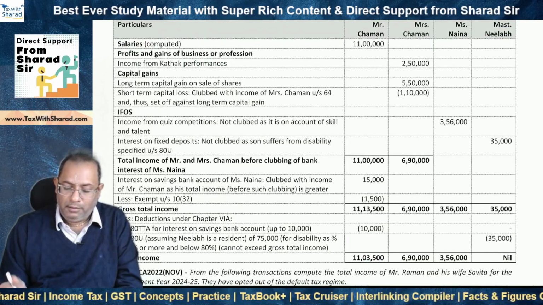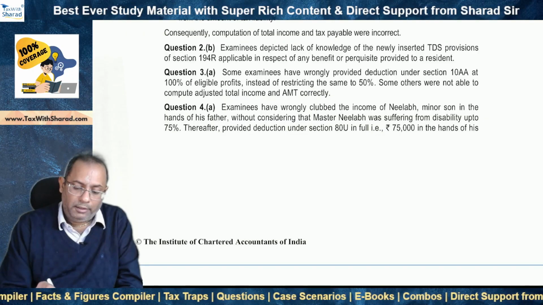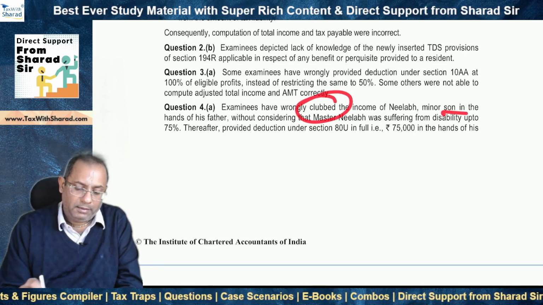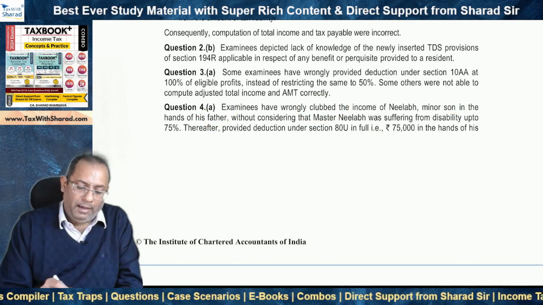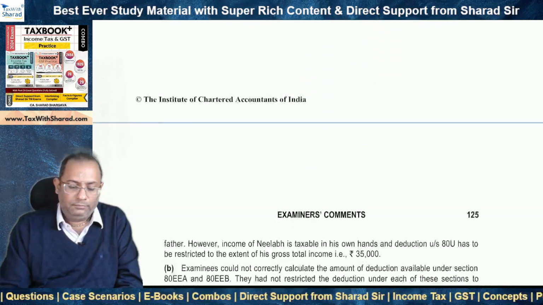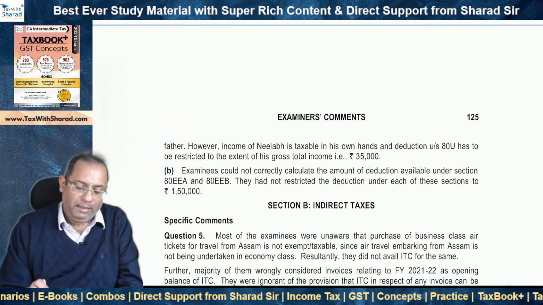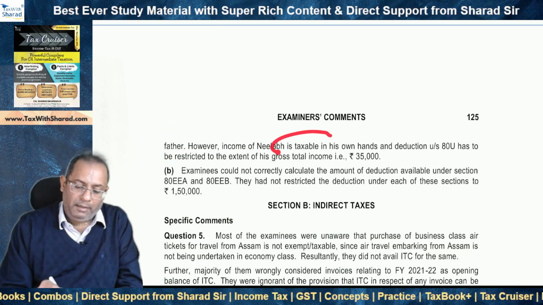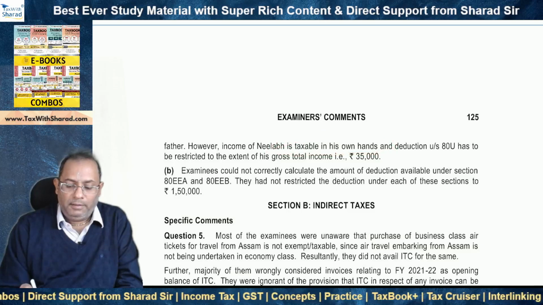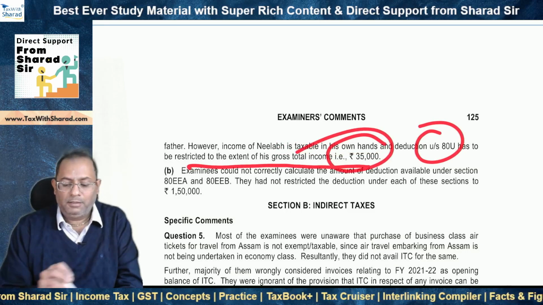Total income of Mr. Chaman and total income of Master Neelab, this was also wrong. The mistake they made was they wrongly clubbed the income of the minor son in the hands of his father, and thereafter they provided full deduction of 75,000 under 80U in the hands of his father. What should have been done is what we discussed some time back. Income of Neelab should have been taxable in his own hands, and then the deduction under 80U should have been restricted to the extent of his gross total income, that means 35,000.